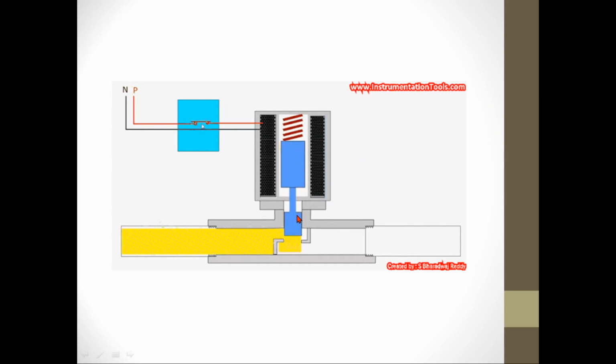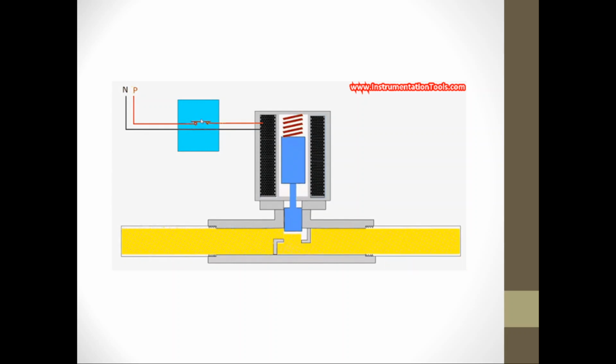Again, a solenoid valve works only if the coil of its solenoid is supplied with a rated voltage. Once the supply is cut off, the plunger of the solenoid valve will block the passage of air.